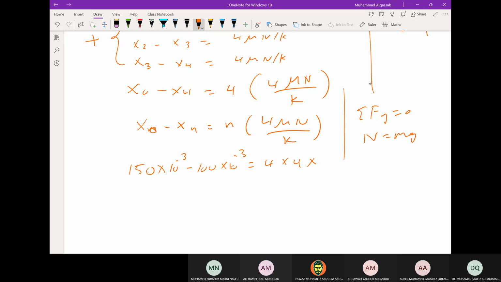So this will be m, which is 20, times 9.81 times mu divided by k, which is 10 times 10 to the power 3, not minus. This is multiplication. Okay, you can find the mu from here.